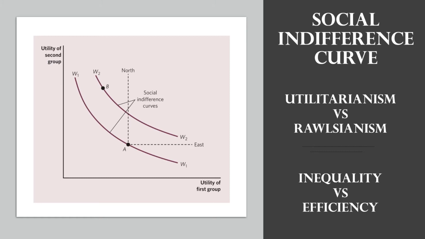But maximizing the utility of society doesn't necessarily mean that you are going to end up with an equal allocation of goods, right? Or a desirable allocation of goods. Utilitarianism just means that we are maximizing individuals' utility or happiness, right? Utility is synonymous to happiness in economics.